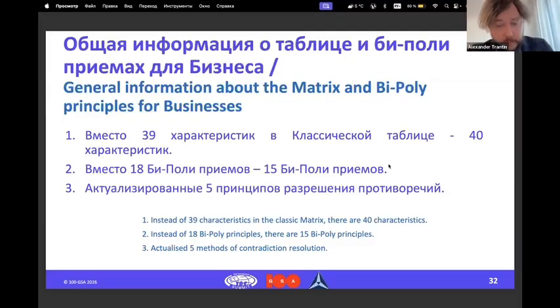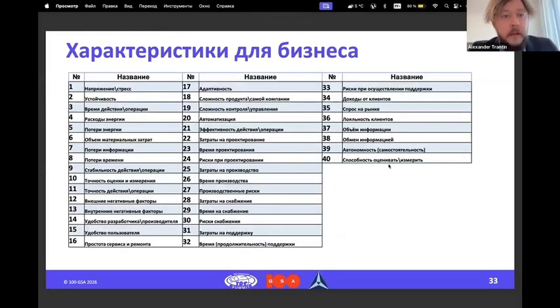So with the principles, it's actually the same. Out of 18, we added not every one because they are not suitable for business environments and they follow the same logic. Something which has just technical application, we just excluded it so as not to work with, I don't know, fantasies by solving this task.